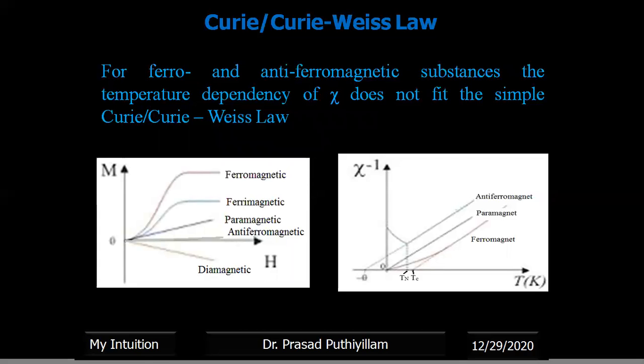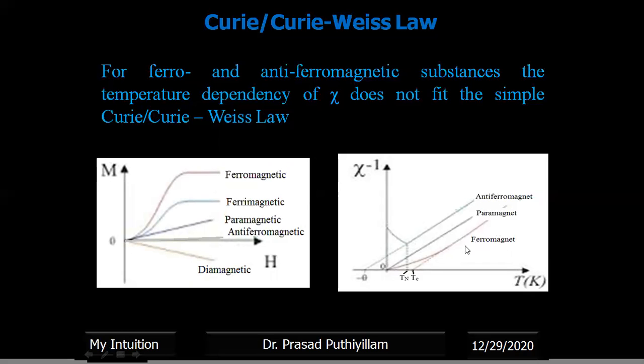law as such. The MH curves of magnetic materials like ferromagnetic, ferrimagnetic, paramagnetic, antiferromagnetic and diamagnetic materials are represented here, along with chi inverse versus temperature, which shows that paramagnetic substances almost obey the Curie-Weiss law, whereas antiferromagnets are deviating.